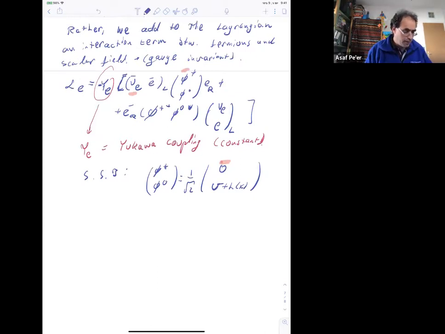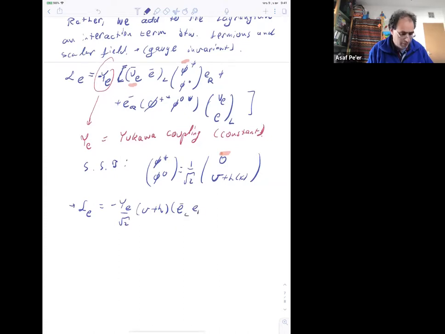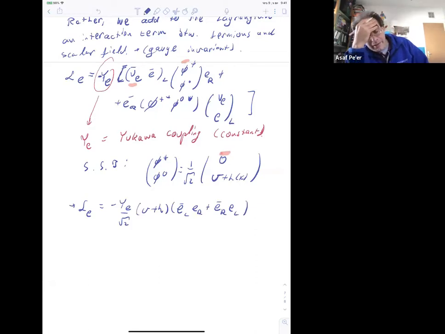So that's going to give us L equals minus Y_e over square root of 2, times (v plus h), times (e bar left e right plus e bar right e left), which is exactly what we want. This is exactly the term that we naively thought we'd put initially for the electron mass, but now we did it in a gauge invariant way.